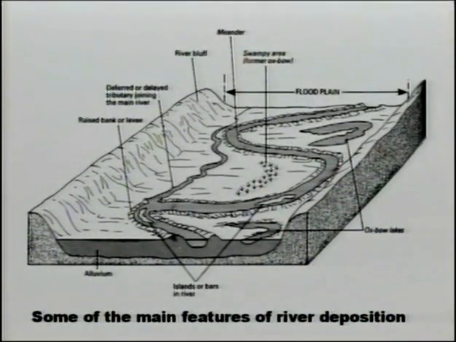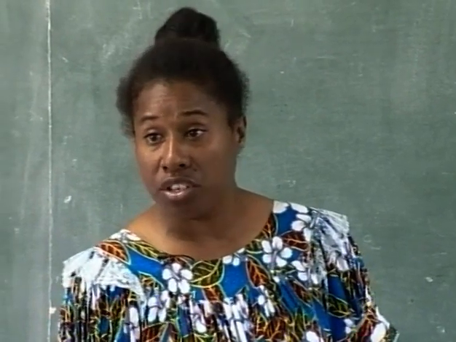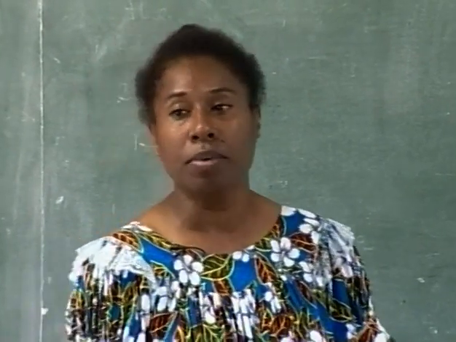Okay, so those are some of the depositional features, of which all of those you have been given the task to explain in detail how they are formed. Beside that, you were also given other features, like some of you or a group will be explaining about river gorge, what is a gorge and how it is formed.